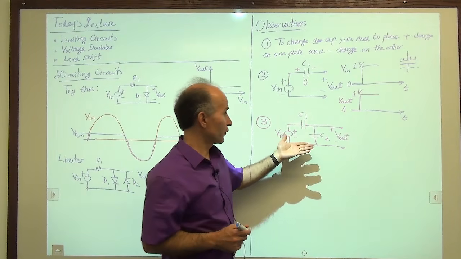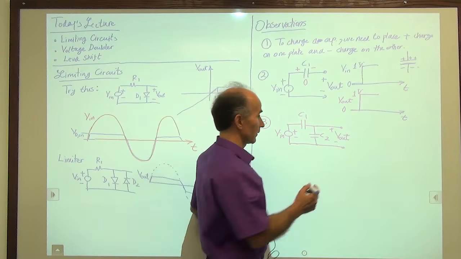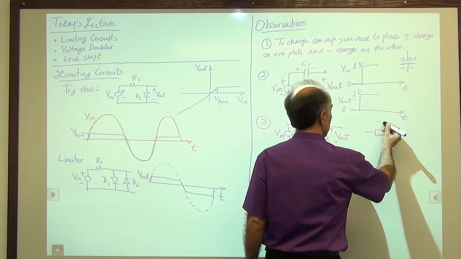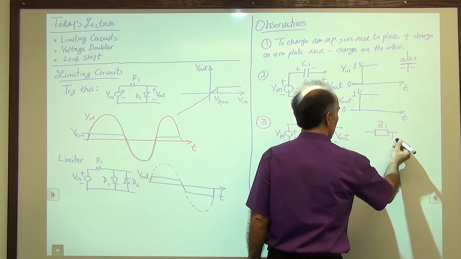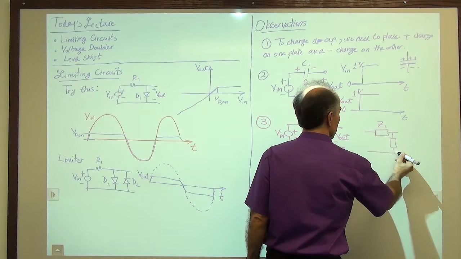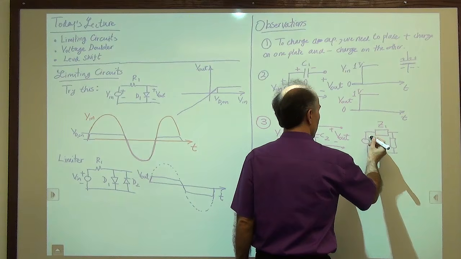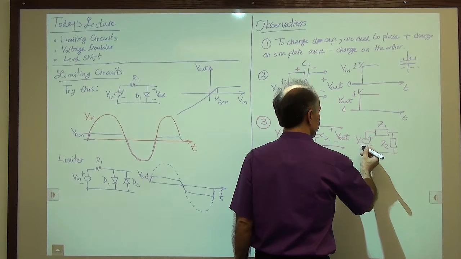So a more general version of the circuit looks like this. We have an impedance called Z1, another one called Z2, and then we have an input and an output.